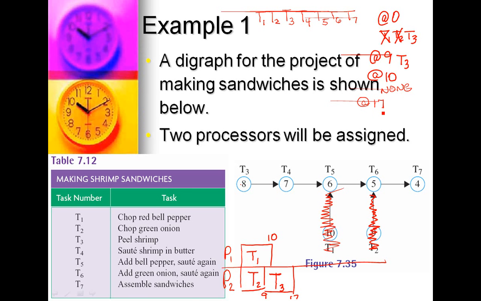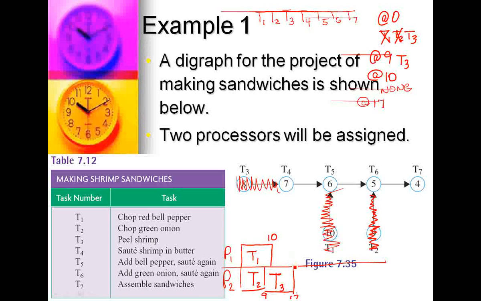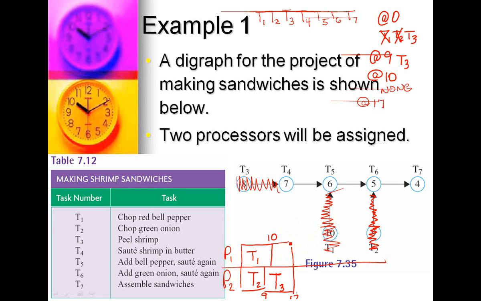So how about at time equals 17? At time equals 17, 1, 2, and 3 are complete. That makes T4 ready. And we're going to put this in processor 1. The length is 7, 17 and 7 gives us 24.